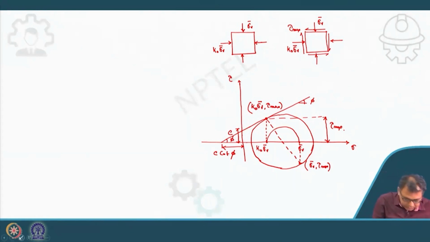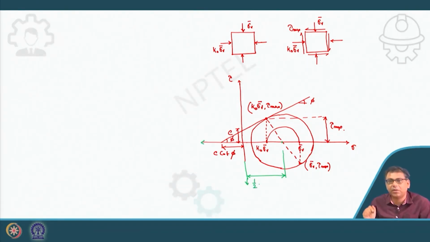Okay, now what is this value? From this point to here, this value will be simple. This value will be half, that means the center of the Mohr circle, because both Mohr circle centers are the same.